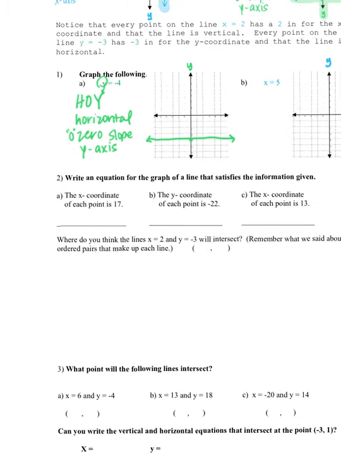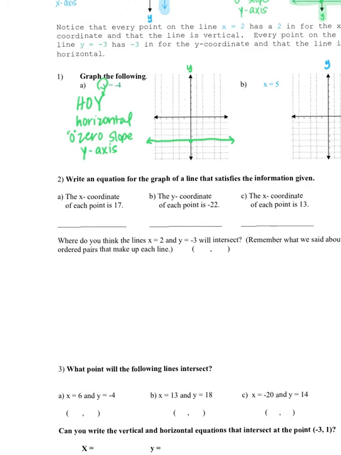This says, write an equation for the graph of a line that satisfies the information given. A, the x coordinate of each point is 17. So the key words here were x coordinate and 17. So I know that it's going to be x equals 17. That's my equation.